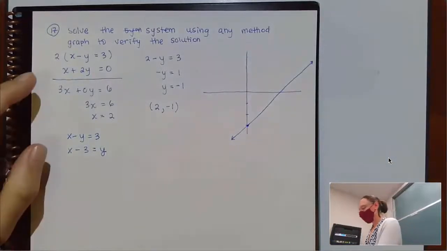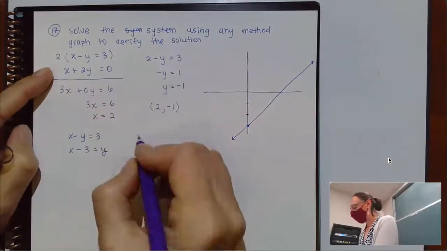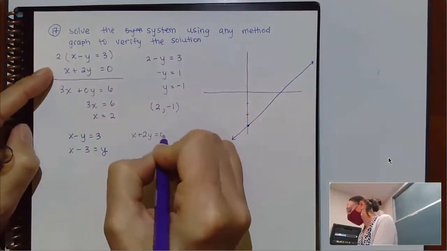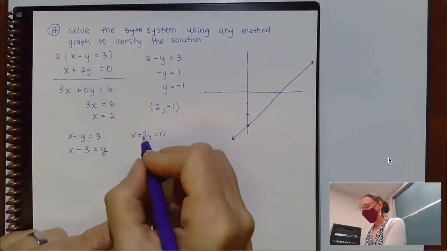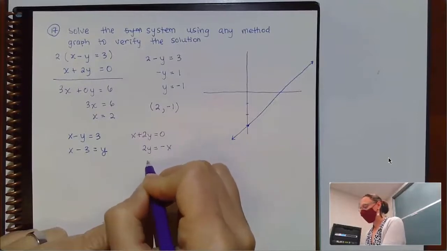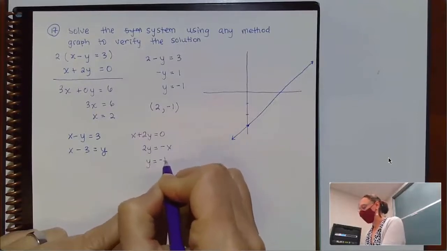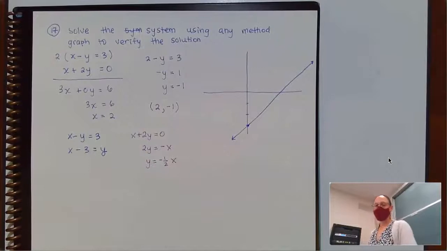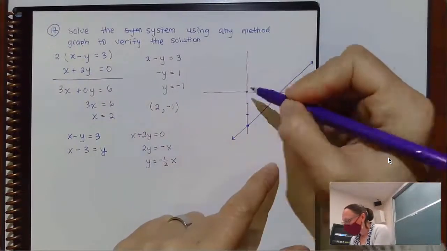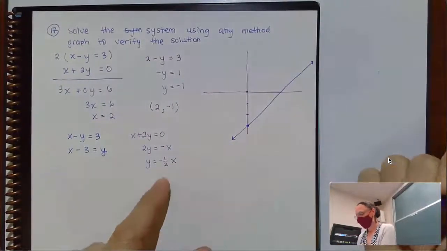That other line, x plus 2y is equal to 0. If I get y by itself here, I've got 2y is equal to -x, or y is equal to -1/2 x. This has a y-intercept of 0 and a slope of -1/2.